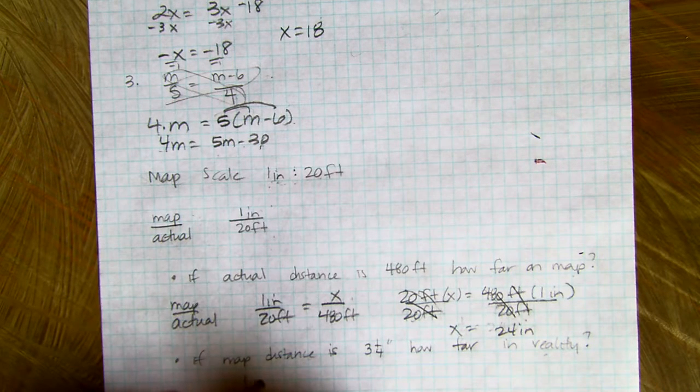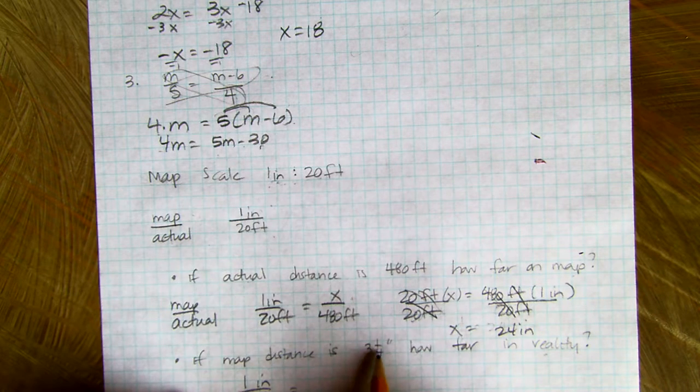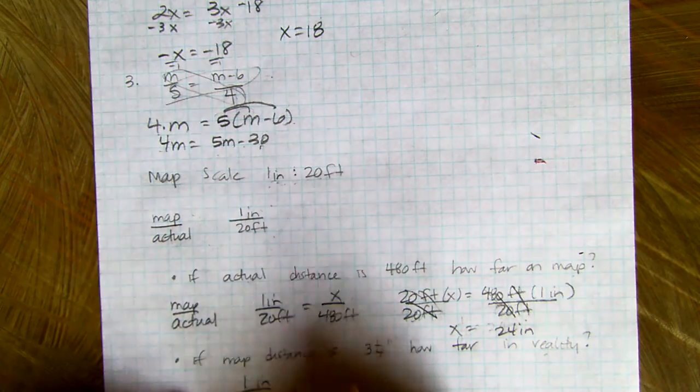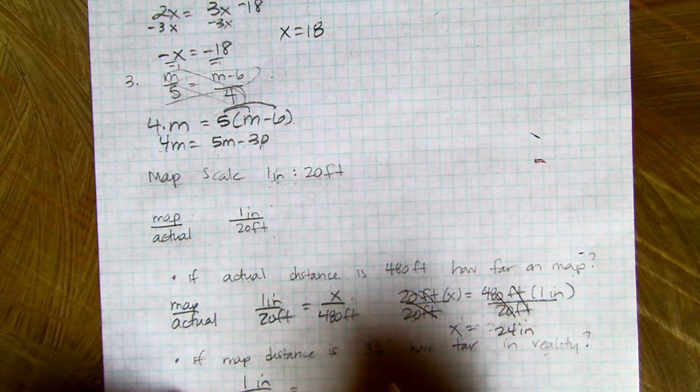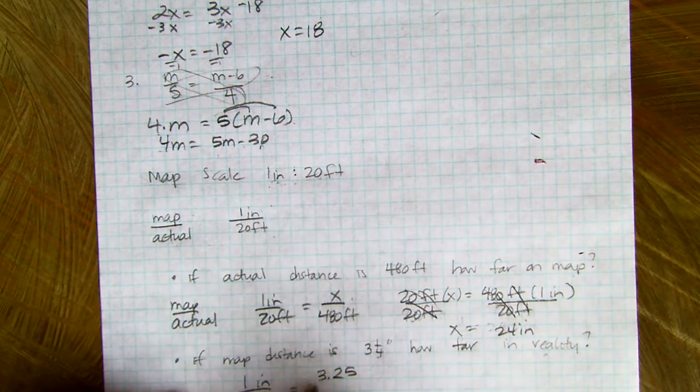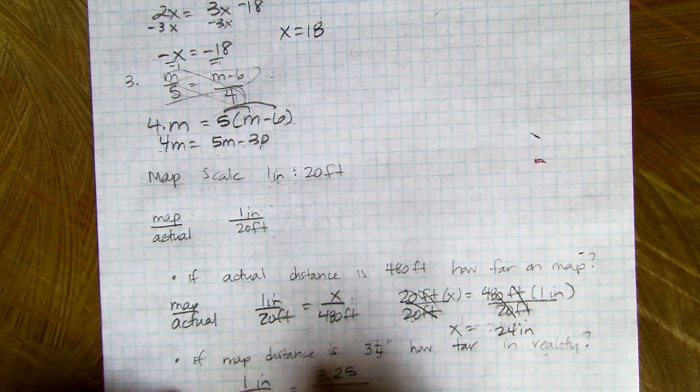Anyway, if the map distance is 3¼ inches, how far is it in reality? So again, I have 1 inch to 20 feet, and I have the map distance, so that's 3¼ inches. How do you want to do that? Since it's 3¼ I might use 3.25. I'm not a big decimal fan, but fractions within fractions and decimals within decimals can get messy, and I'm looking for the actual distance.